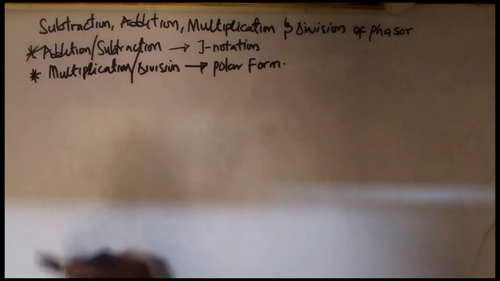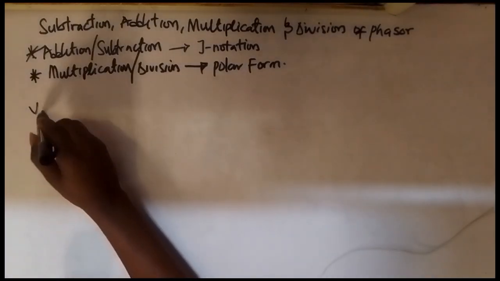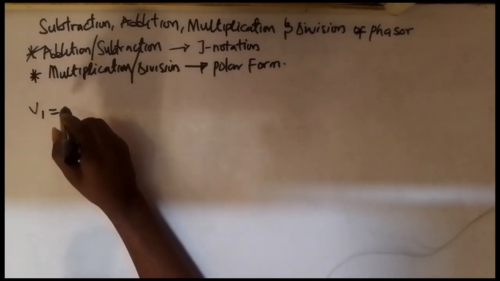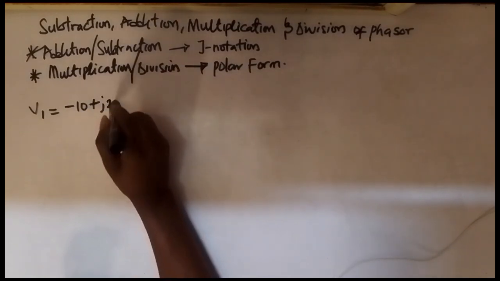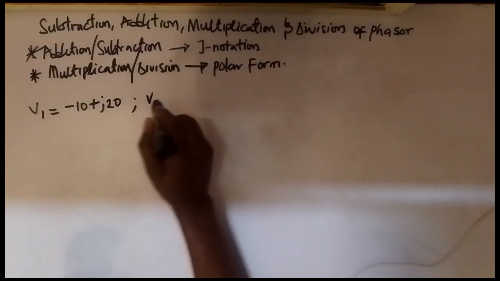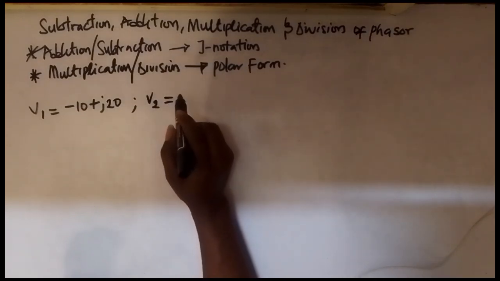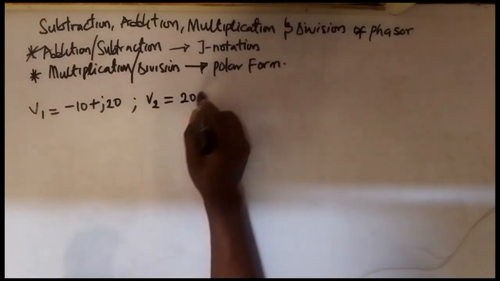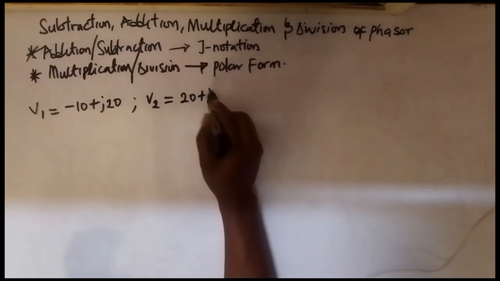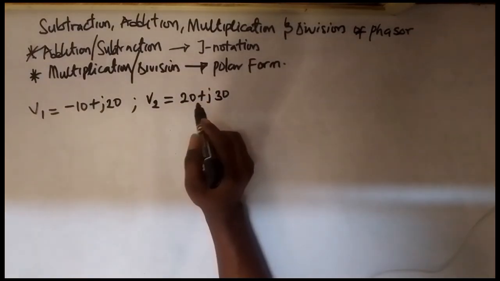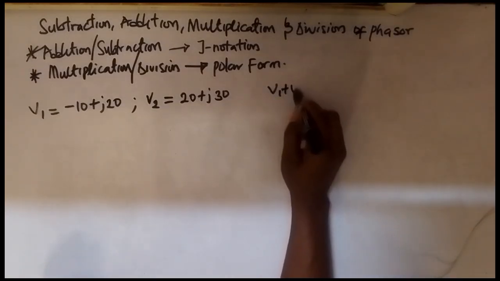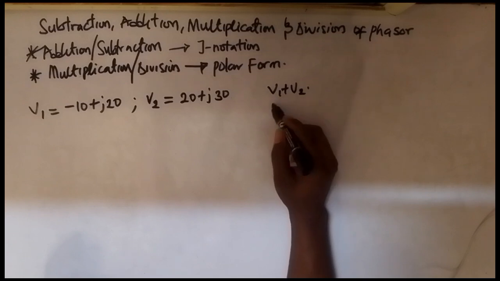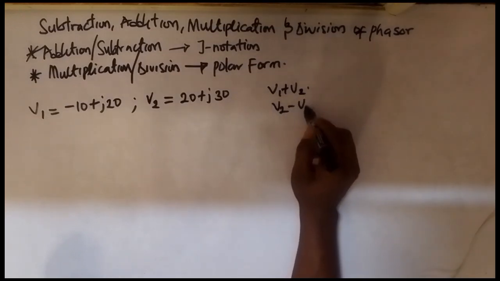Let's take for example that we have an expression V1 is equal to minus 10 plus j20, and our V2 is equal to 20 plus j30, and we are asked to perform addition of V1 and V2 and also to subtract V1 from V2.